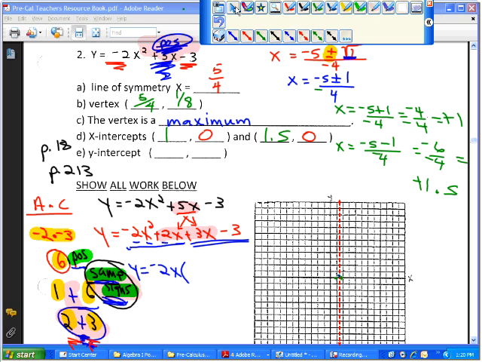So we're going to think, negative 2x times what is negative 2x squared? X. Negative 2x times what is 2x? Negative 1. We need to change the sign.